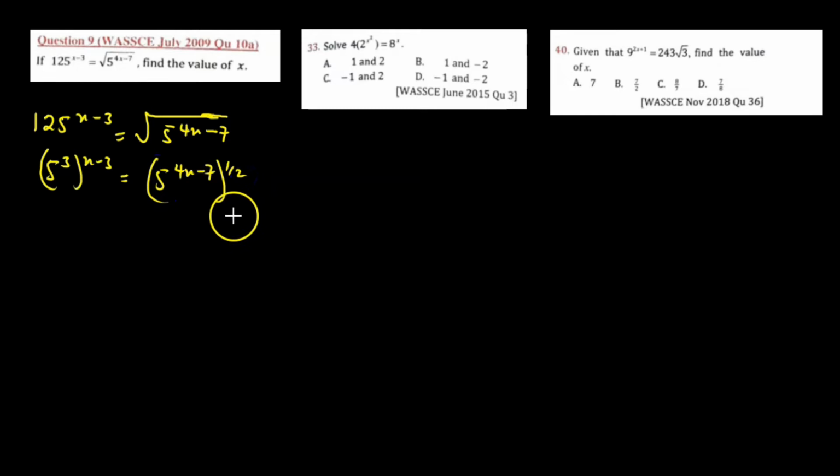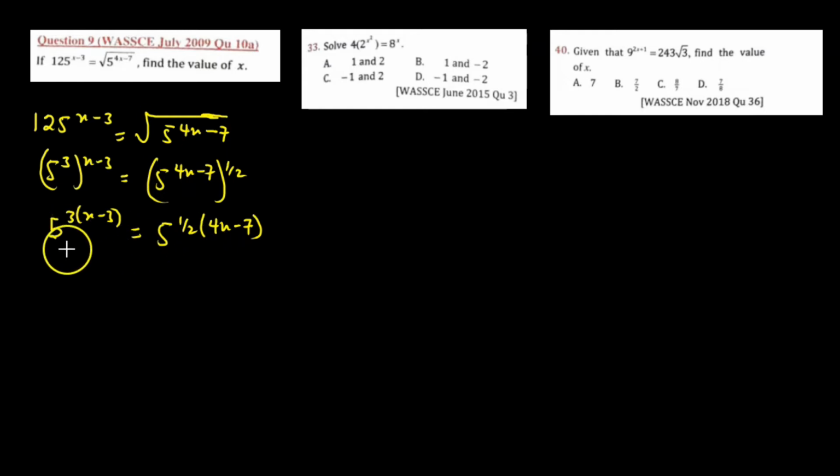Now, before we can do away with the base, we need to do our expansion. So this is the same as 5 to the power 3 multiplying x minus 3, all must be equal to 5 to the power half into brackets 4x minus 7. It's advisable to expand before you do away with the base.